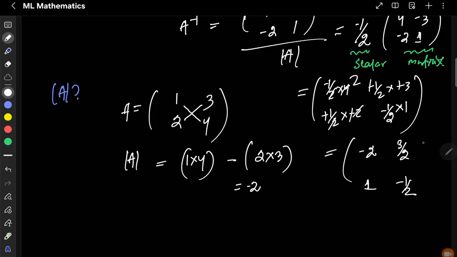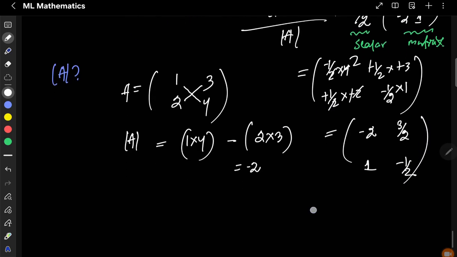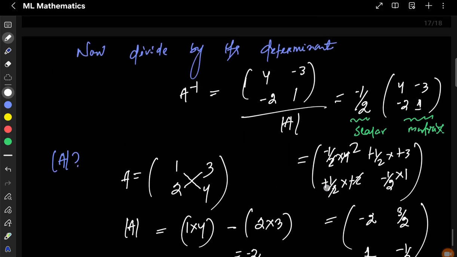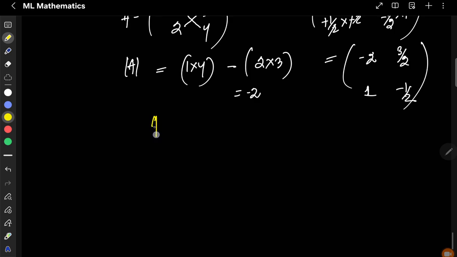Guys, the determinant and inverse are pretty simple to do. Whatever you found now is the final inverse. So your final inverse A inverse is nothing but minus 2, 3 by 2, 1, minus 1 by 2.